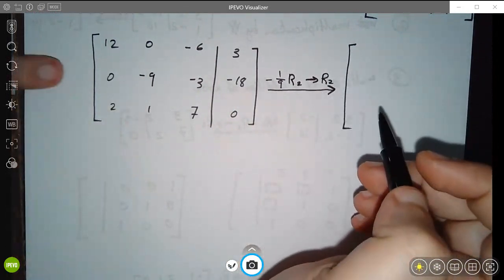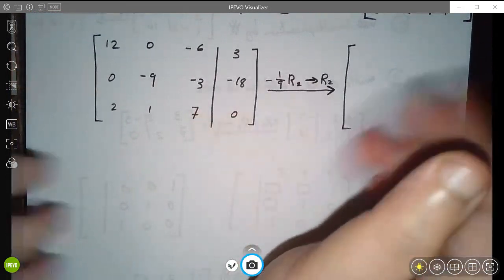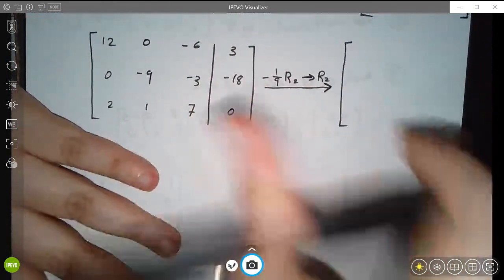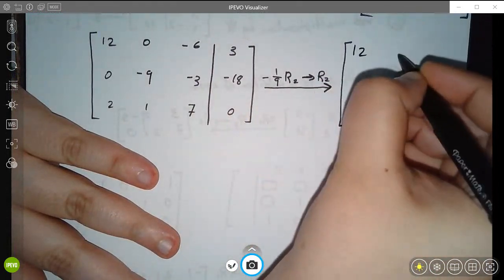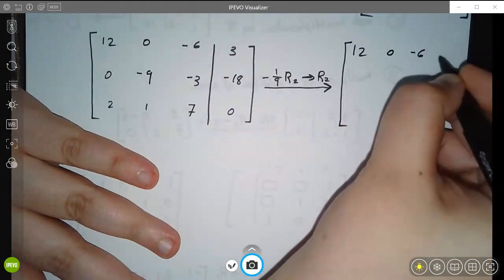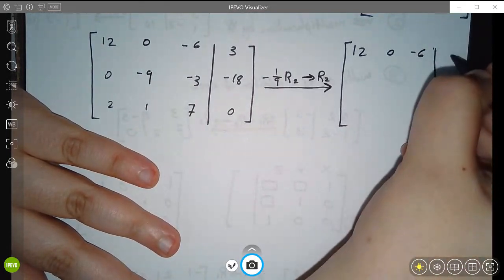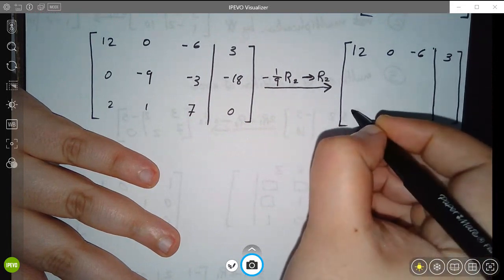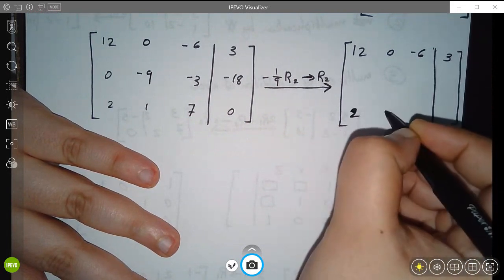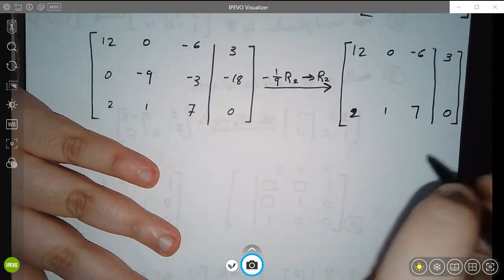So again, I'm manipulating the second row. All right? The whole thing. First row is not going to change. 12, 0, negative 6, 3. Let's close it. Third row is not going to change. So 1, 7, and 0.